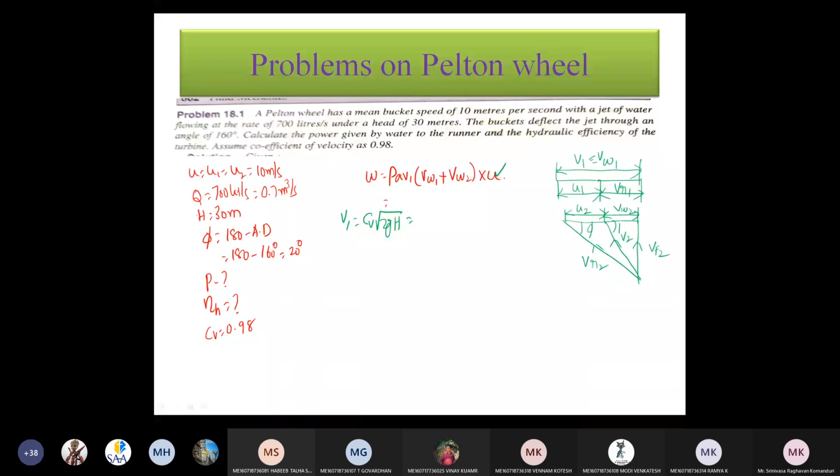Alpha is equal to 0, theta is equal to 0.